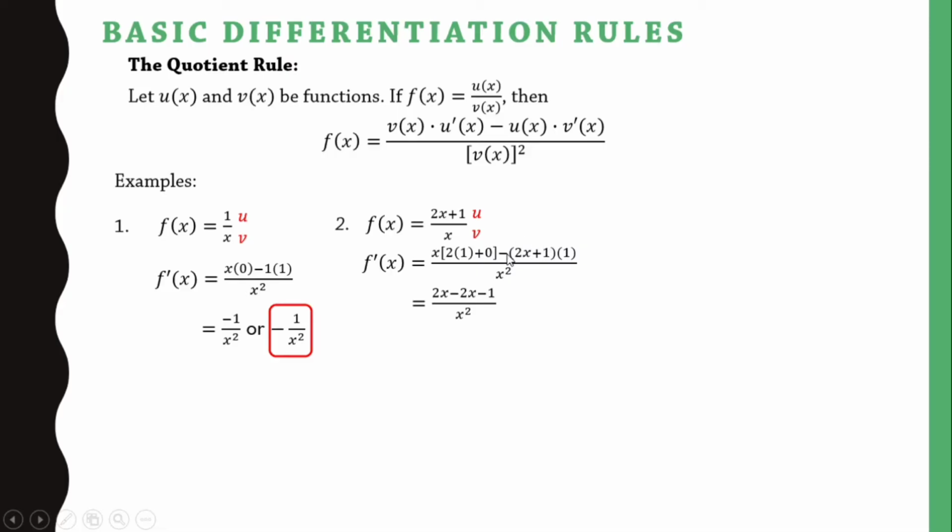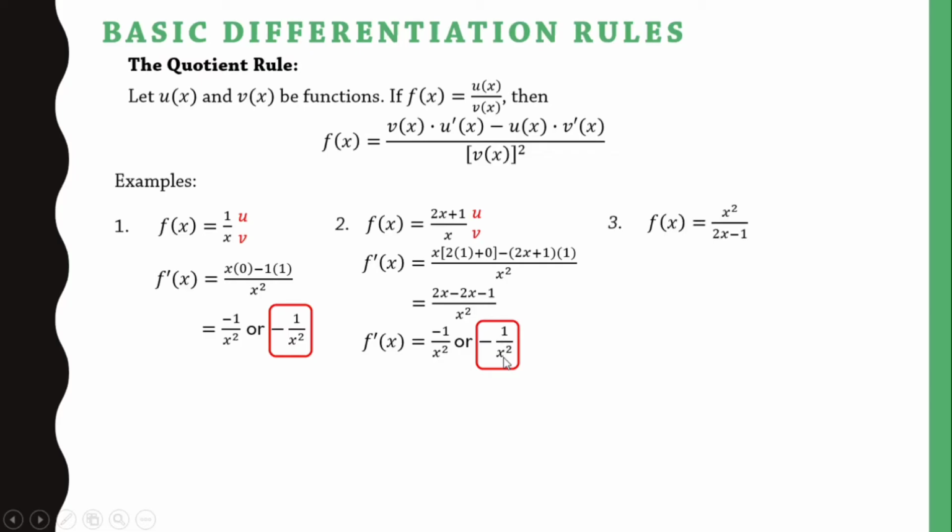Negative 1 times 2x, that's minus 2x. Negative 1 times 1, that's negative 1. So, we put here minus 1. So, all over, we have here x squared. So, we simplify. 2x minus 2x is 0. Minus 1, that's negative 1, all over x squared. Or that is still negative 1 over x squared.